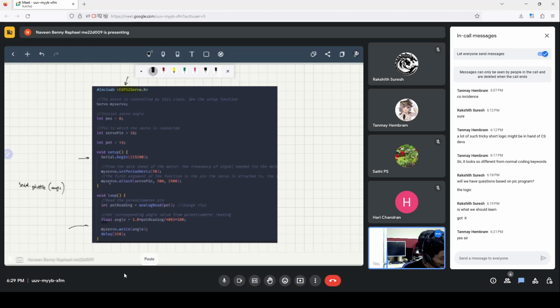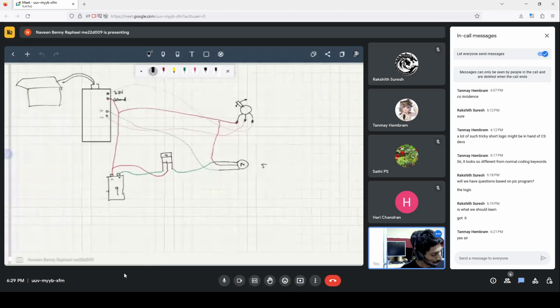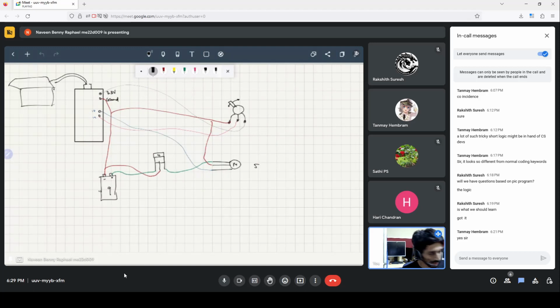So the servo I was using has a frequency of 50 Hz, and this was from the data sheet of the motor. In all these cases, which pin you must connect to, what each pin does, and what the power input is, all of those things are from the data sheets which you have to Google and get, because all of the motors, like the motor we had used was the SG90.